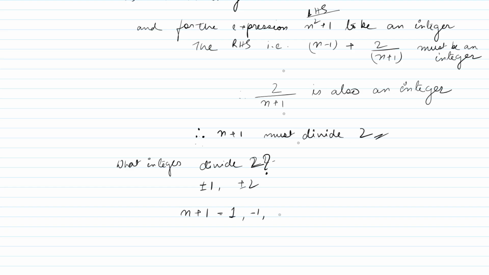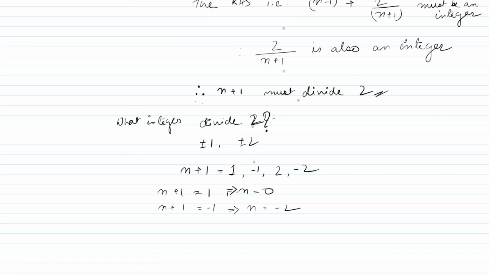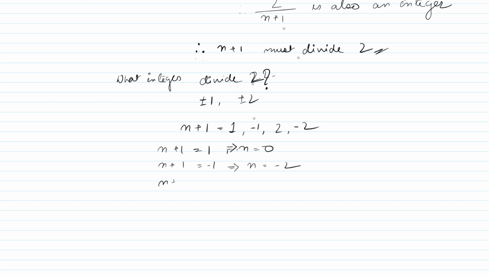So we can say that n plus 1 equals one of 1, minus 1, 2, minus 2. So n plus 1 equals 1, therefore n equals 0. n plus 1 equals minus 1, therefore n equals minus 2. n plus 1 equals 2, therefore n equals 1. n plus 1 equals minus 2, therefore n equals minus 3, correct?